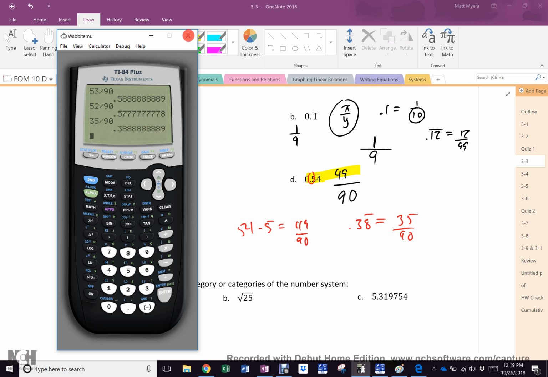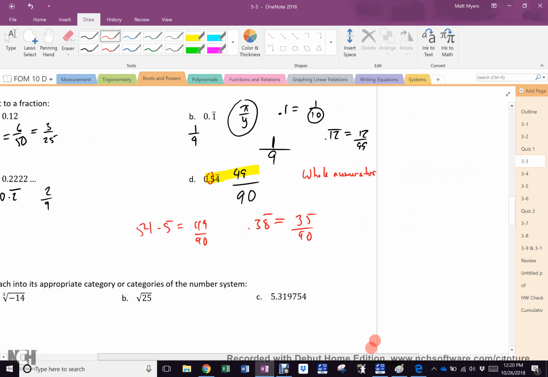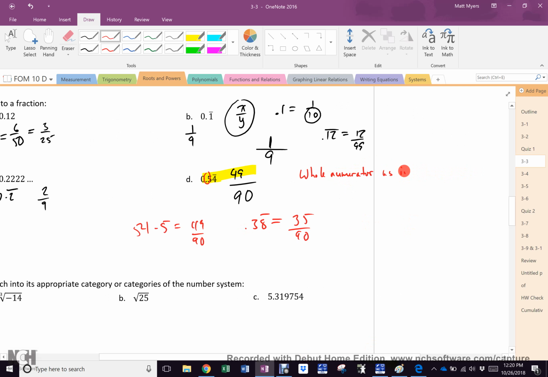Now, that's a real thing. You just found the answer on your own without me having to tell you the answer. So, that's the shortcut there. Okay? You take the whole decimal, the whole numerator, as an integer, and you subtract the non-repeaters.